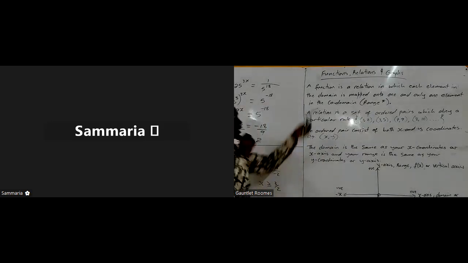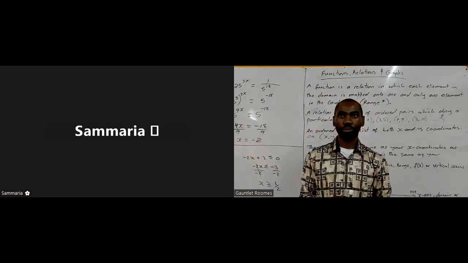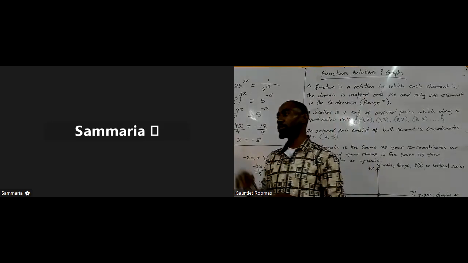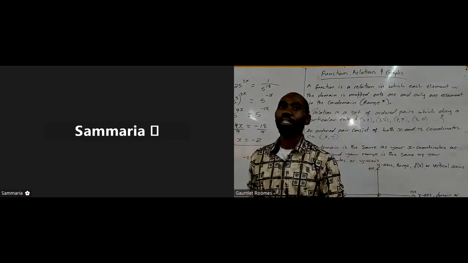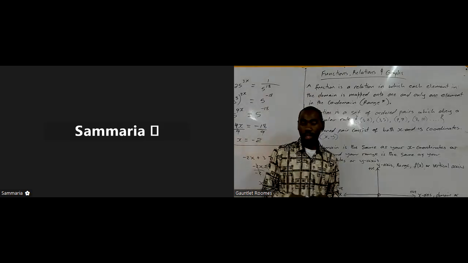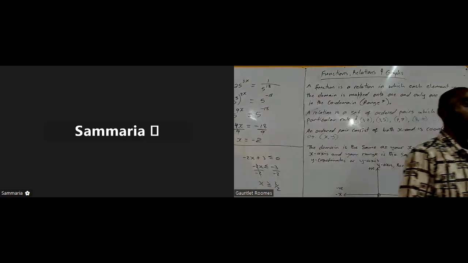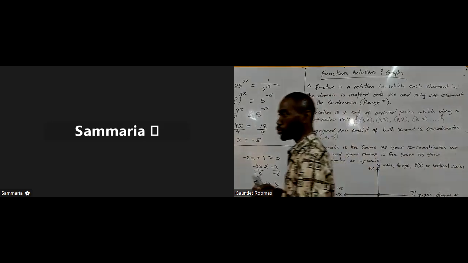All right? So since a function is a relation, then the question is, what is a relation? Because a function is a relation. Now, when it comes down to a relation, we said that a relation is a set of ordered pairs which obey a particular rule.